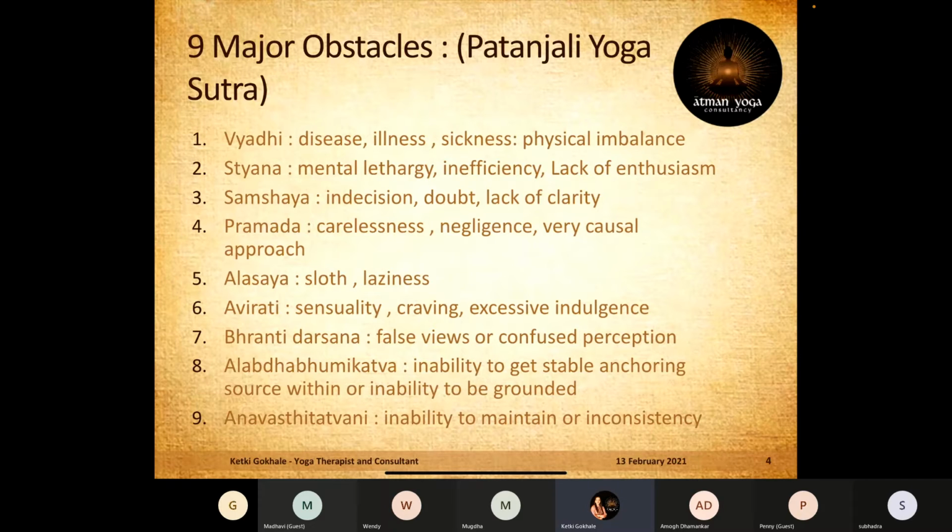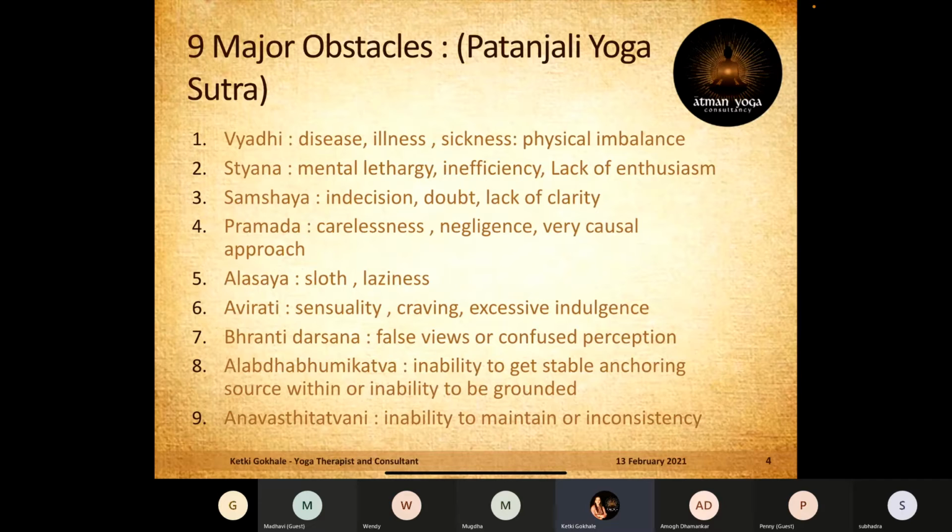These distractions and obstacles can affect our day to day life, our physical and mental well being, and that can reflect in our practice or our sadhana of yoga and meditation.